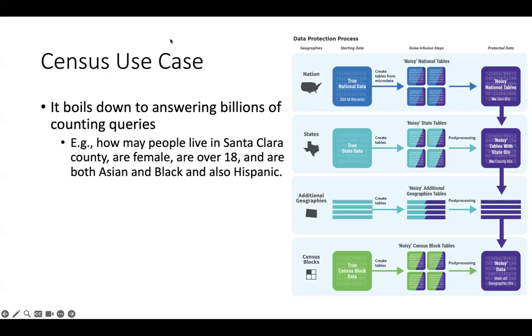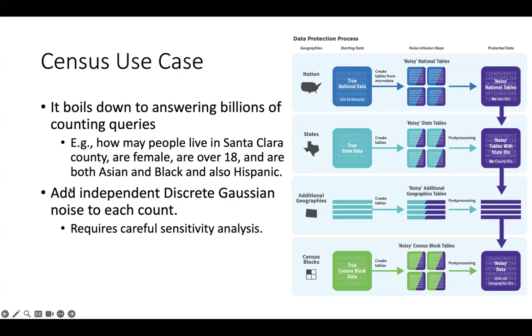Then I think the total hierarchy is something like 8 levels. Then it'll be county level, census tract level, and then it'll come down to census blocks, which are basically like city blocks. And there's just a huge number of queries. And what they did is they answered each of these queries with an independent discrete Gaussian.